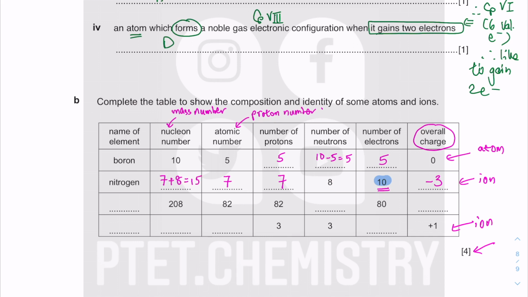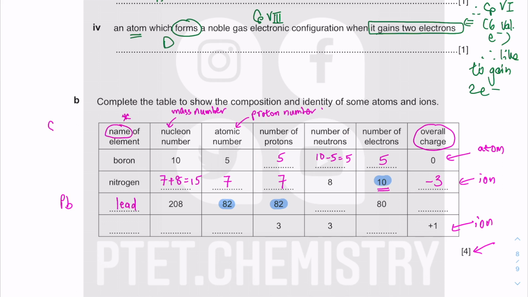Okay. Next bit, if I look at atomic number 82 or proton number 82, look for element 82. Where is element 82? 82 is lead, which is LEAD. You are looking for this symbol PB, but again, if you write down PB, you are not reading the question.